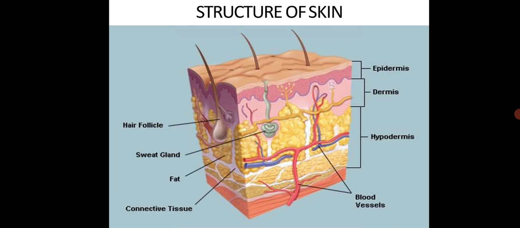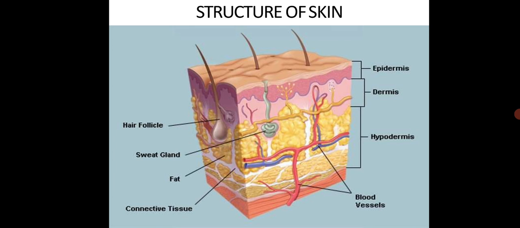You can see the outermost layer which is directly in contact with the environment or the atmosphere, that is the epidermis layer. The next layer, the dermis layer, is just posterior to the epidermis layer, or we can say just inferior to the epidermis layer. Below that is the hypodermis layer.